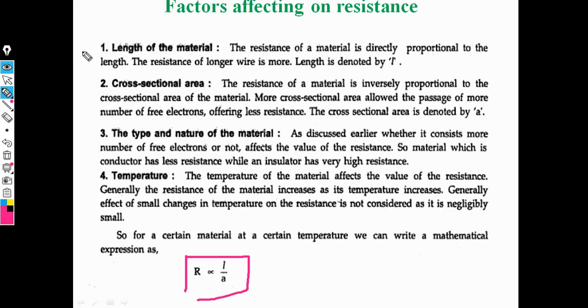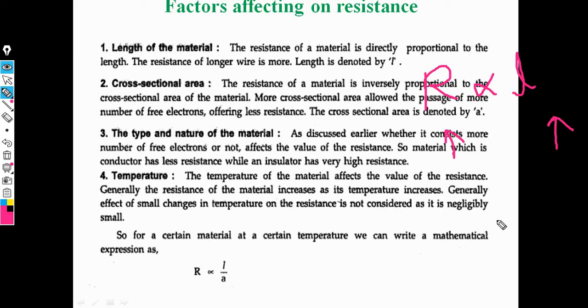The resistance of a material is directly proportional to its length, that is, as length increases, the value of resistance also increases, because both are directly proportional to each other.